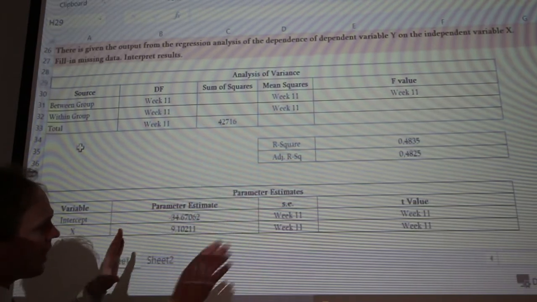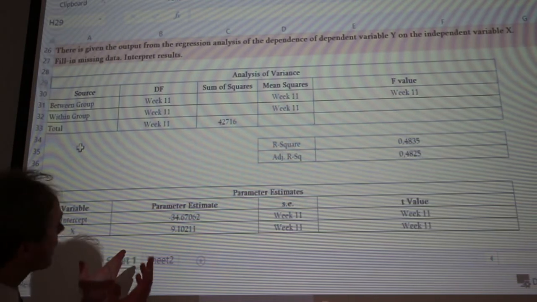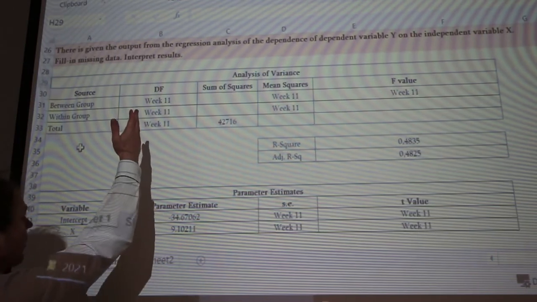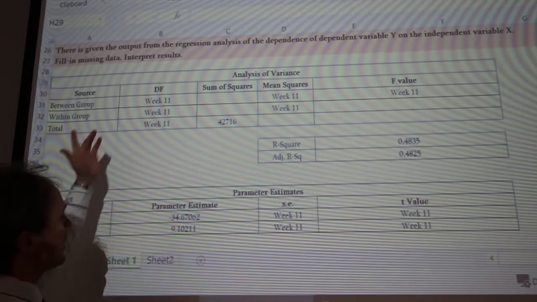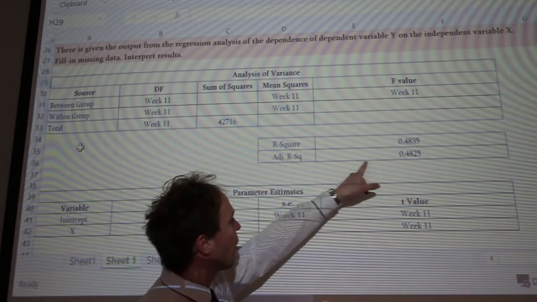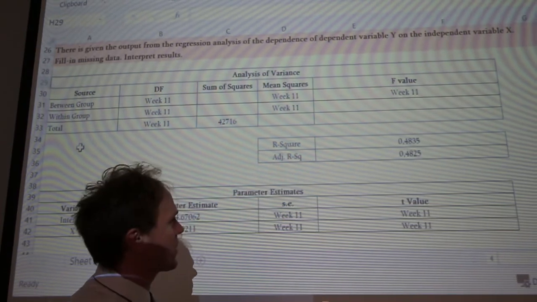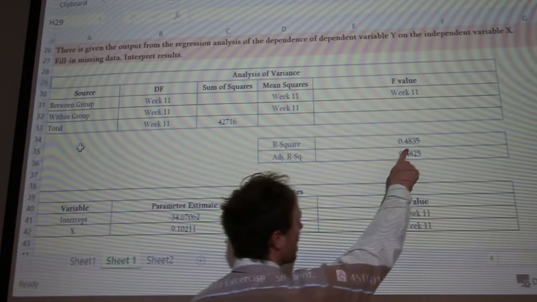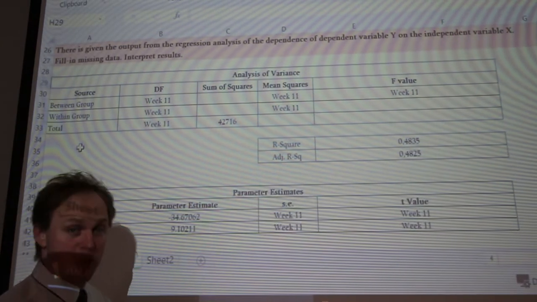You can see that a lot of values here are topics of week 11 of our academic semester, but we have here the table with calculated R square and adjusted R square, and you can see that R square is only 48%.